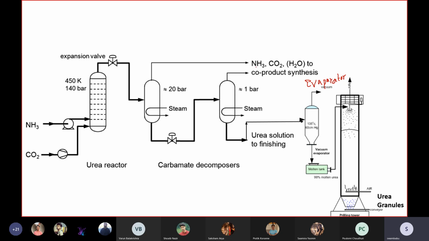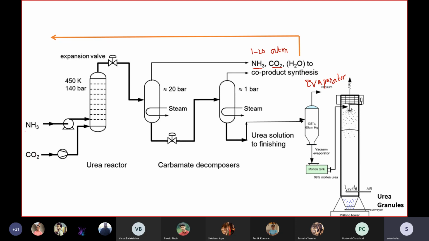Now what we have is ammonia and CO2, the unreacted reactants. These need to be recycled. Remember that we have reduced the pressure, so the gas pressure here is between 1 and 20 bar, because some of the gas is coming at 20 bar and some at 1 bar, so it would be an intermediate pressure.